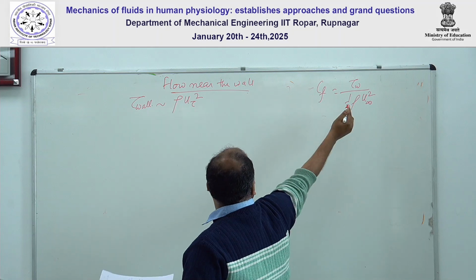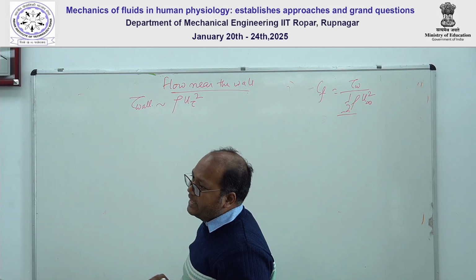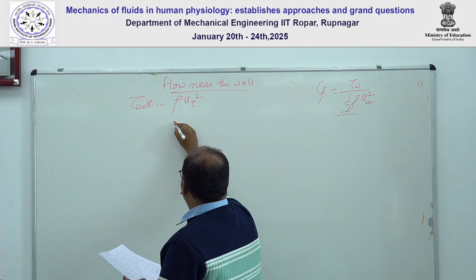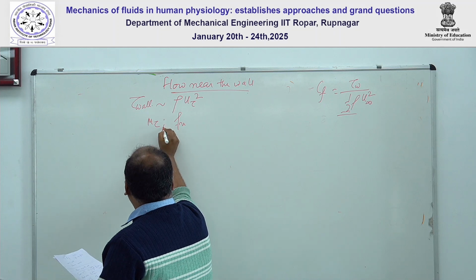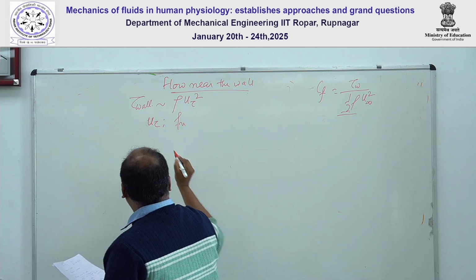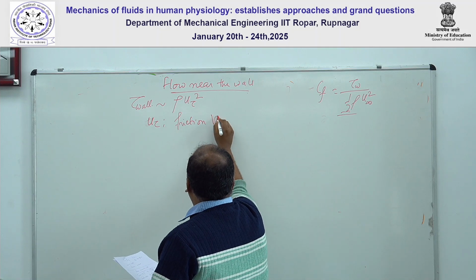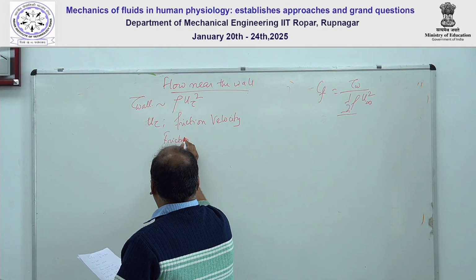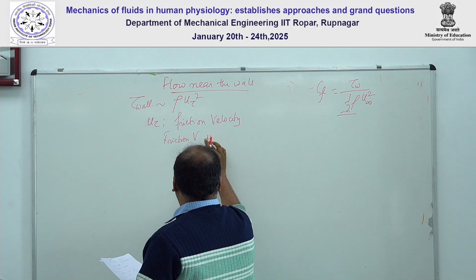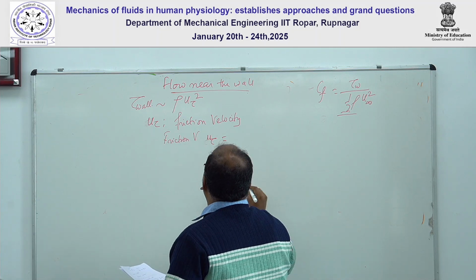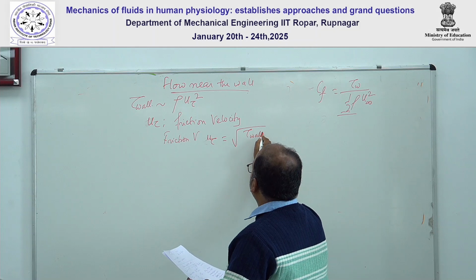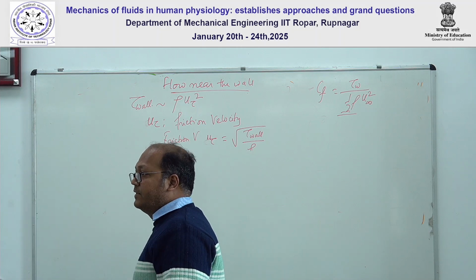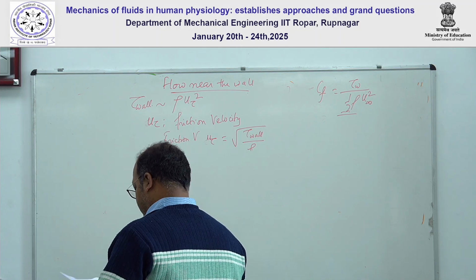Utilizing this concept, we characterize the wall shear as rho times u tau square, where u tau is the friction velocity, which is the square root of tau wall by rho. In this way, we define the relevant length scale for the flow over the wall in turbulent conditions.